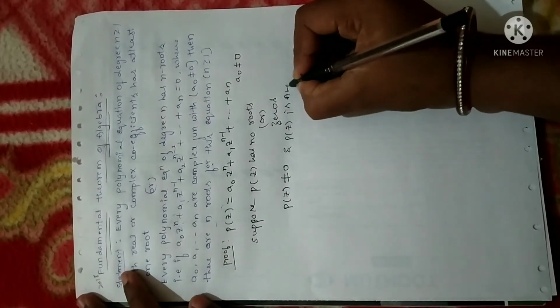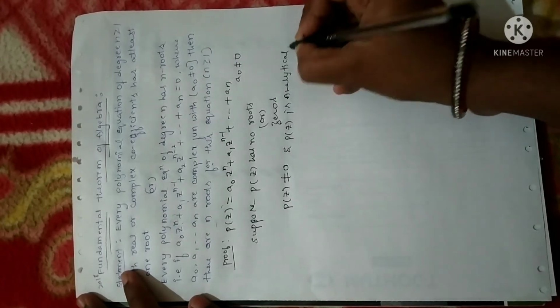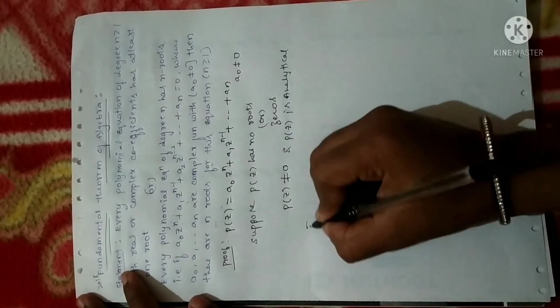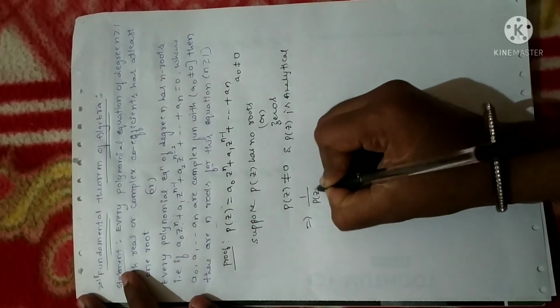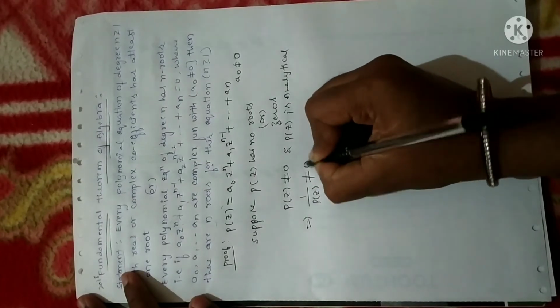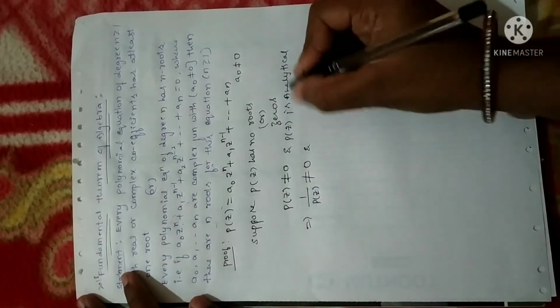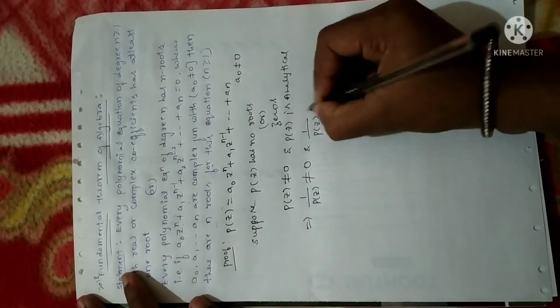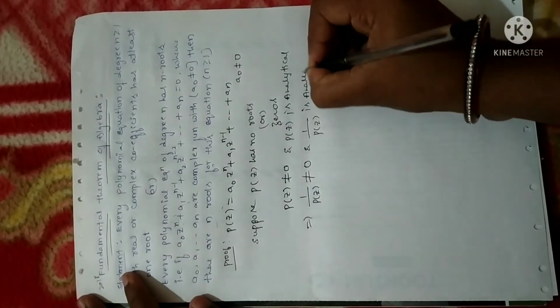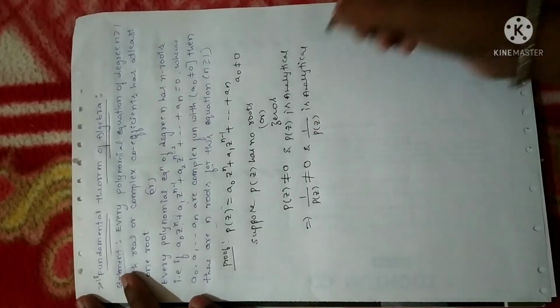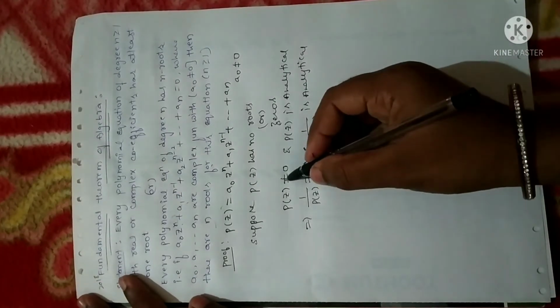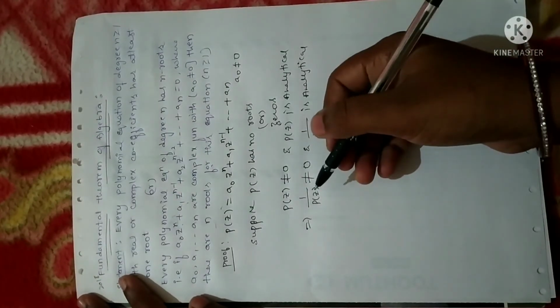P of z is analytical. Now if p of z is not equal to 0, clearly 1 divided by p of z is also not equal to 0, and if p of z is analytical, I can write 1 by p of z is also analytical, right? If any function is analytical, its reciprocal is also analytical. If any function is not equal to 0, its reciprocal will not be equal to 0.